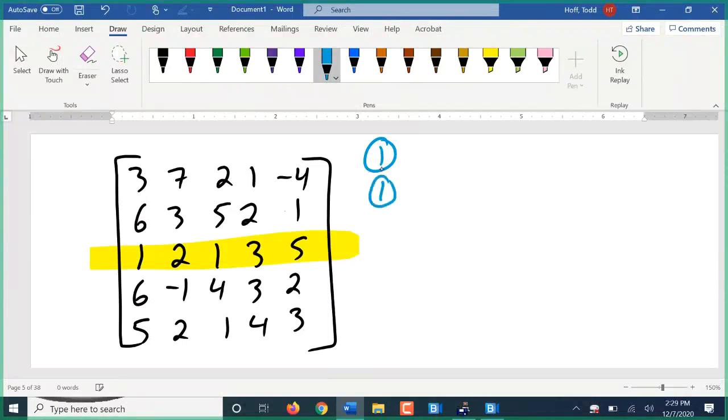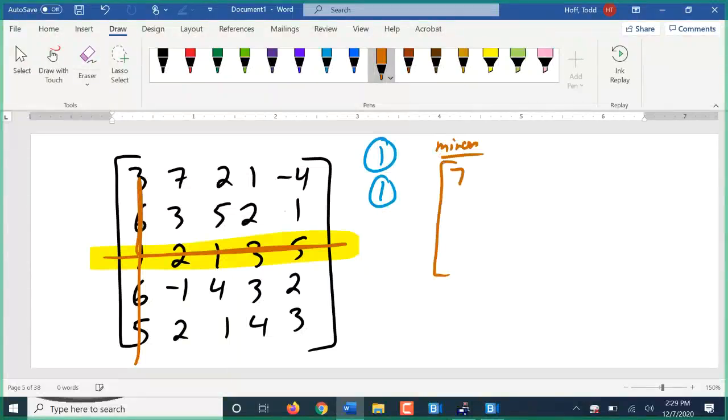Its cofactor is a 1. Its minor, however, take out the row and column: 7, 2, 1, negative 4, 3, 5, 2, 1, negative 1, 4, 3, 2, 2, 1, 4, 3.